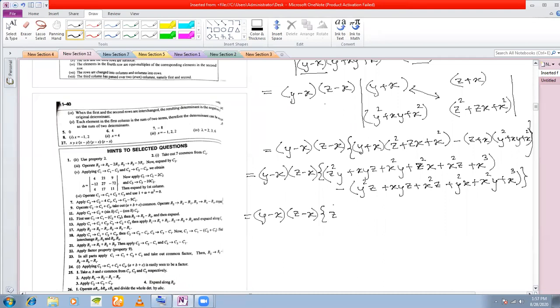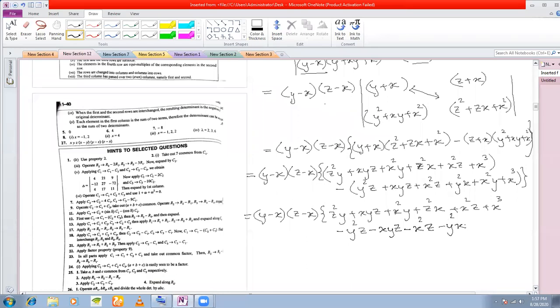You open the brackets, you get z square y plus xyz plus x square y plus z square x plus x square z plus x cube minus y square z minus xyz minus x square z minus y square x minus x square y minus x cube.